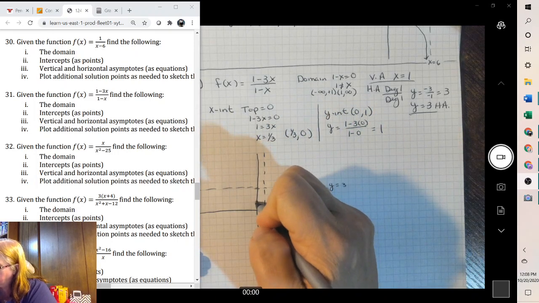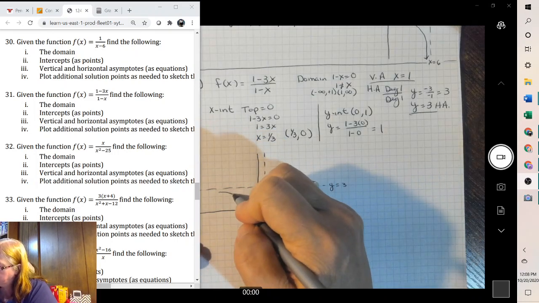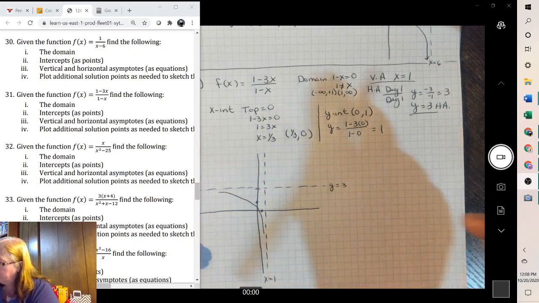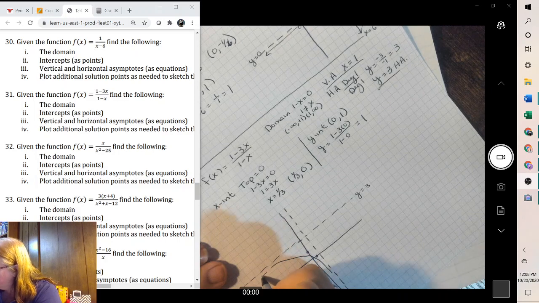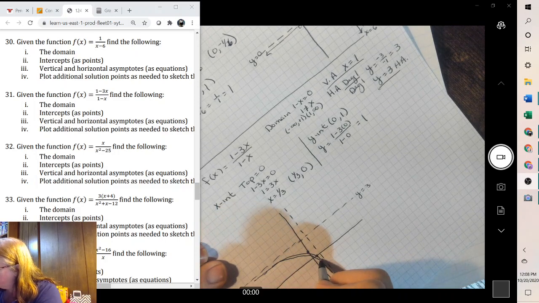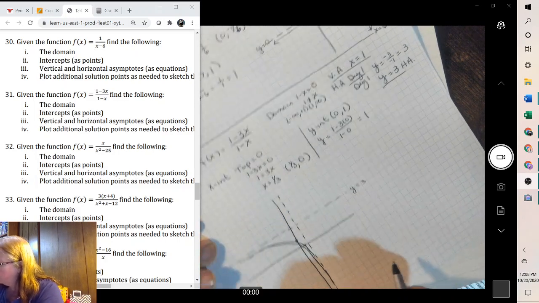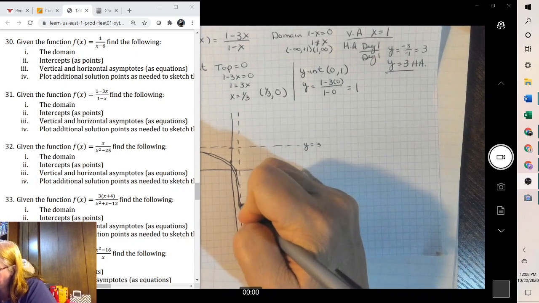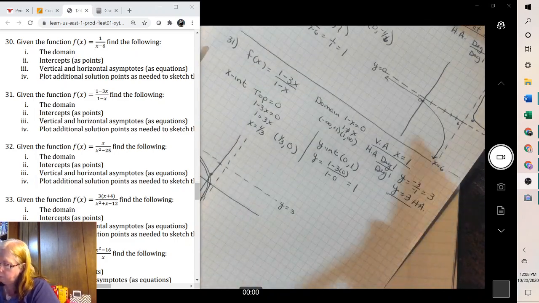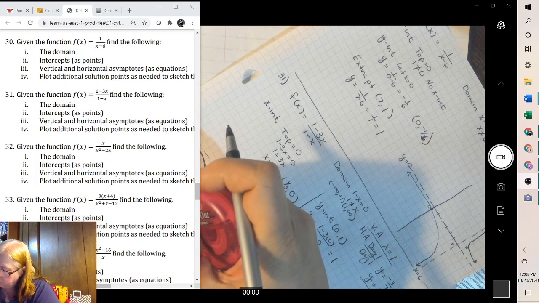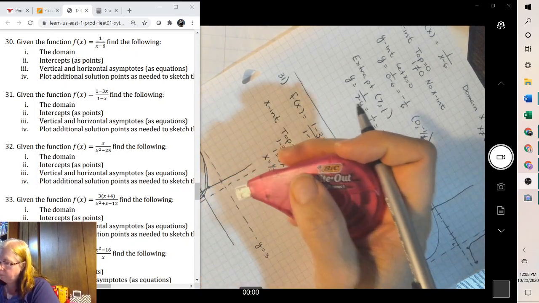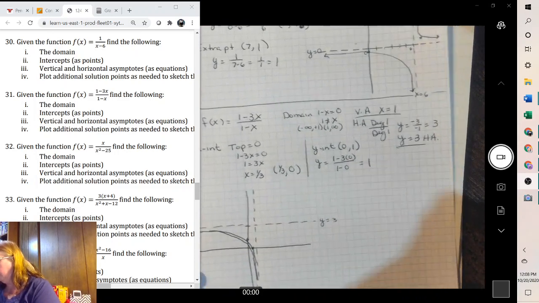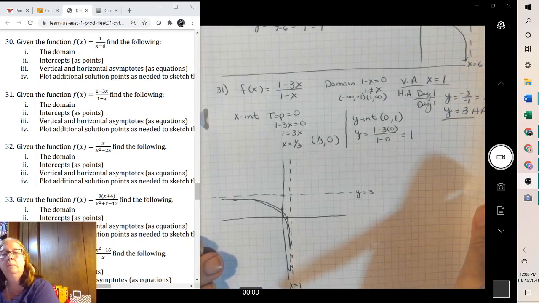And this is at 1. So we're going to need another point. This one's here. Whoops, I didn't cross very well. And it will approach the dotted line but not cross it. And it looks about like that.